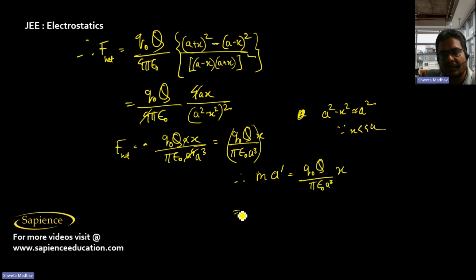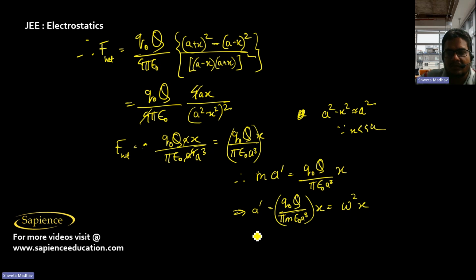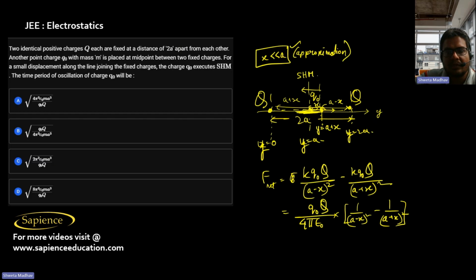Therefore acceleration is q naught q by pi m epsilon naught a cube into x, which is equal to omega square x. So omega square is equal to q naught q by pi m epsilon naught a cube.